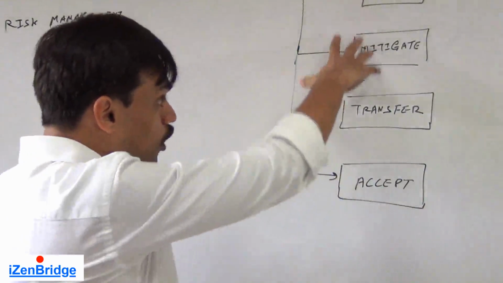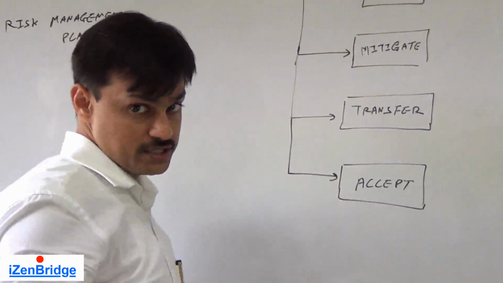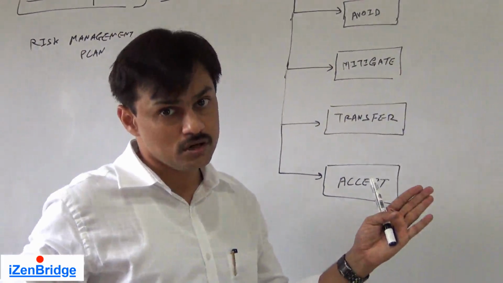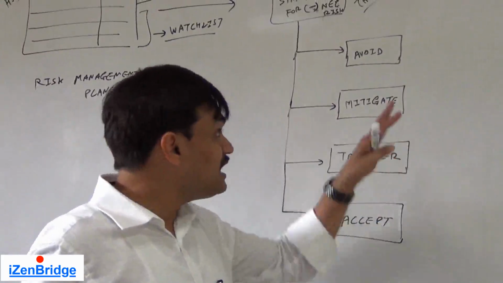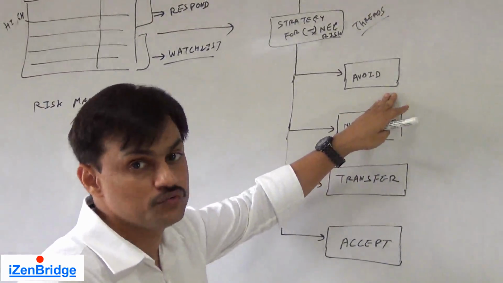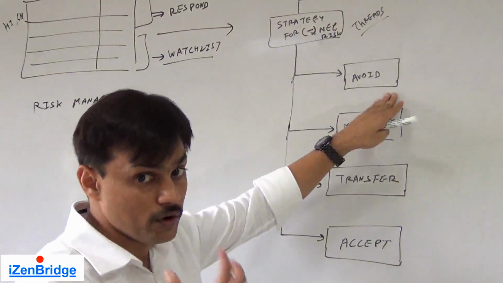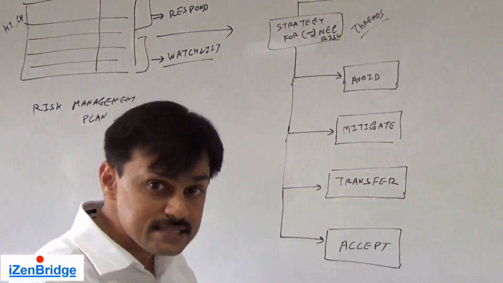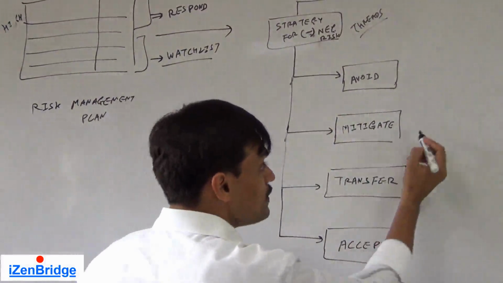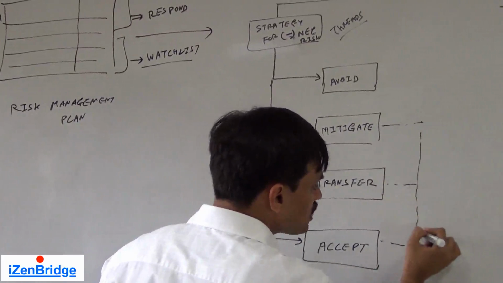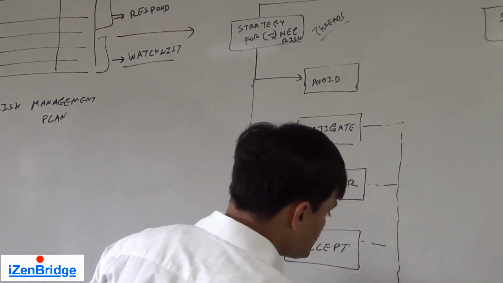Now, while we were talking about all these risk responses, can we remove the risk altogether from a risk register? Maybe not. Only in the case of avoid, we can think that that risk is no more relevant because we are not taking that function or feature in our product anymore. But in all the other cases, it may still remain in your risk register, and we use the term residual risk.